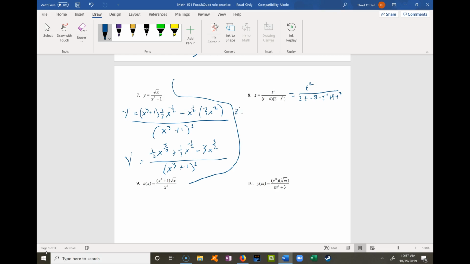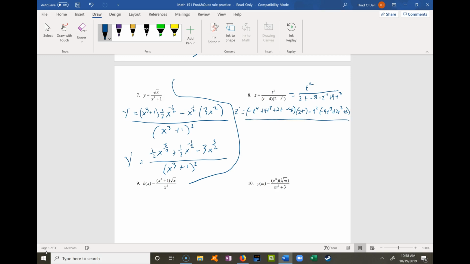So z prime is equal to, so I'm going to have, again, negative t to the fourth plus 4t cubed plus 2t minus 8 times the derivative, which would be 2t minus t squared times the derivative of that, which would be negative 4t cubed plus 12t squared plus 2.